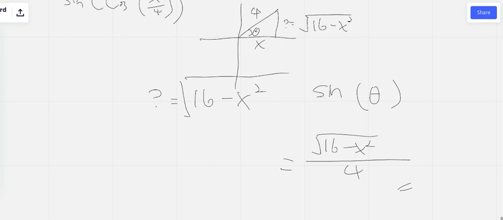Sine of theta is equal to root 16 minus x squared over 4.